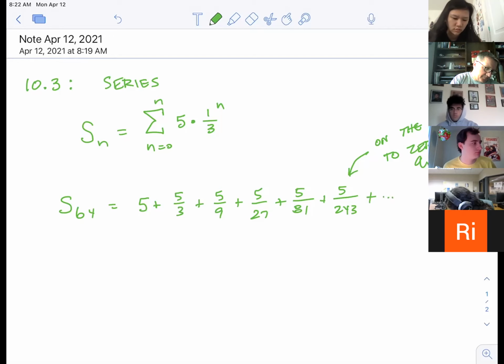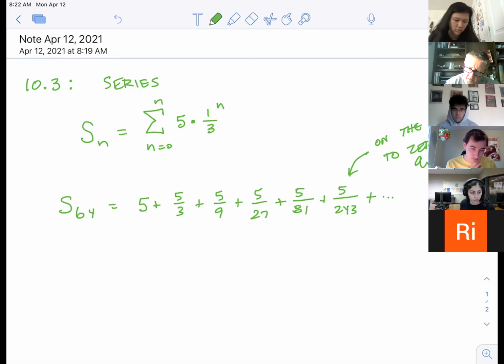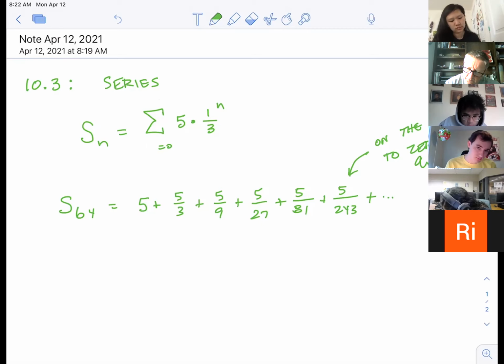The n on top of the summation symbol is kind of messing me up. Let's see. Yeah, I can see why you're saying that because I got n twice. Is that what you're saying? Yeah, you're not wrong about that. I could say it like this, k equals 0 to n, something like that.